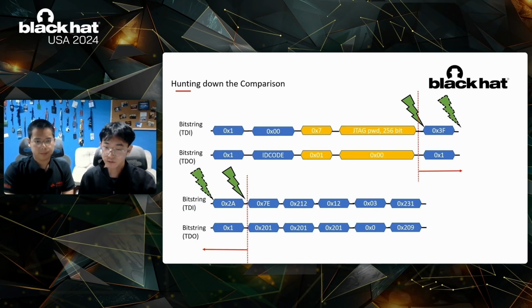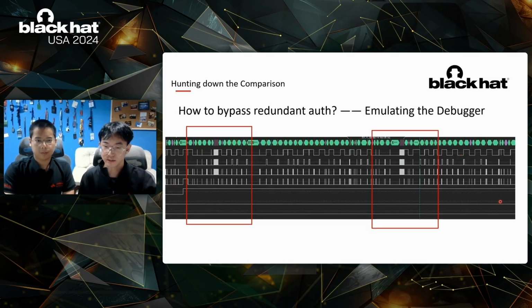To conduct fault injection, it should be done within the interval marked on the figure. These are the start and end positions we found earlier. The aforementioned JTAG authentication process occurs twice. Therefore, the second authentication is redundant, which complicates fault injection attacks.